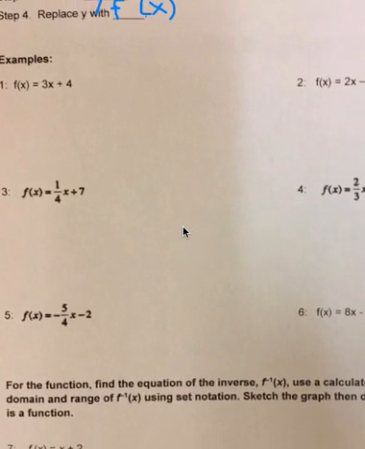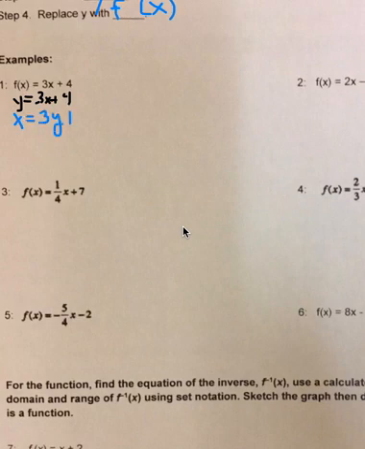So let's try number 1. F of x equals 3x plus 4. Step 1, replace f of x with y. Step 2, switch x and y. So x equals 3y plus 4. Step 3, solve for y.